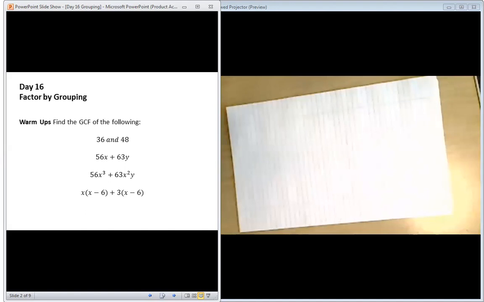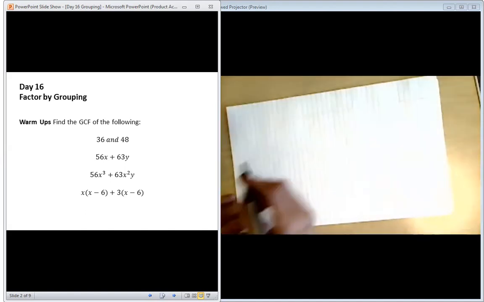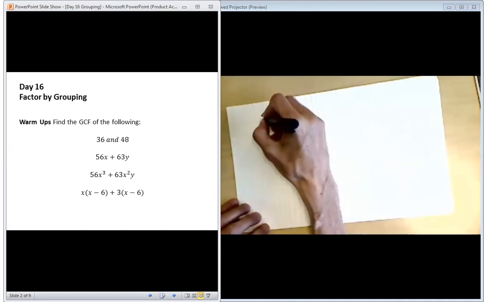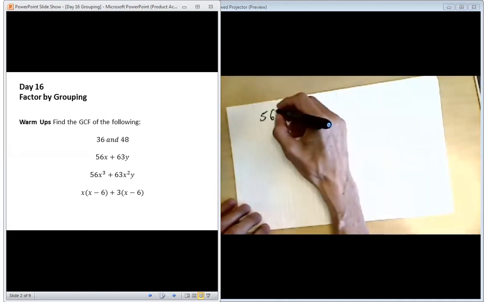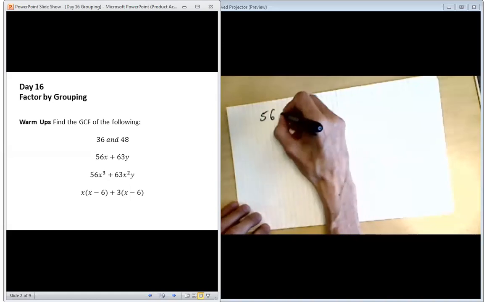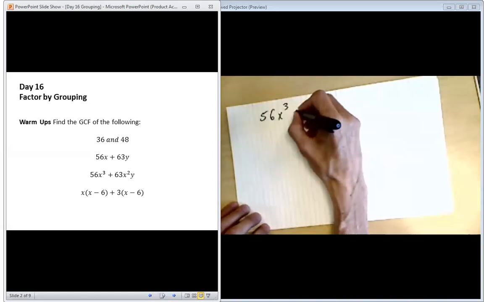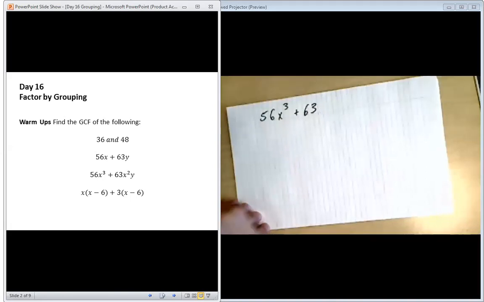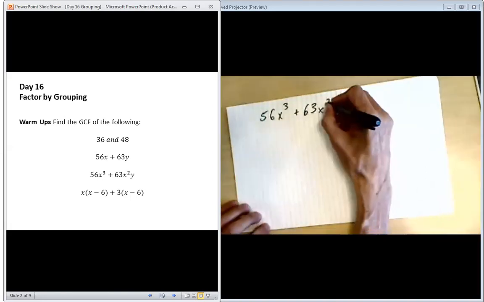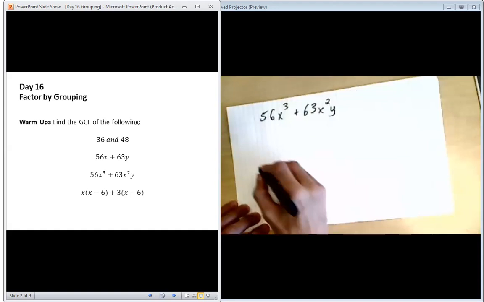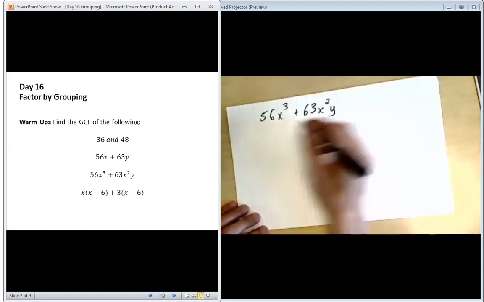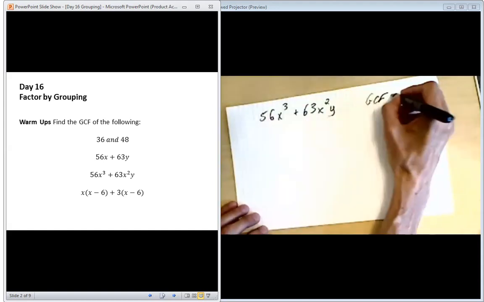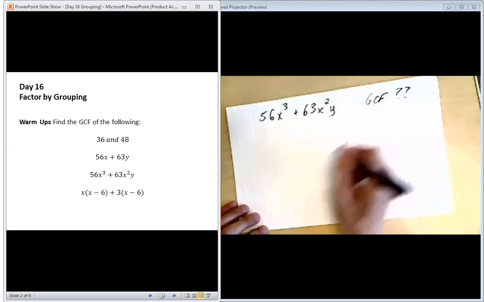Okay, so let's take a look at the third one. Similar to the earlier one, but the same and yet different. 56x to the 3 plus 63 and some stuff, right? x squared y. GCF is what? I don't know.